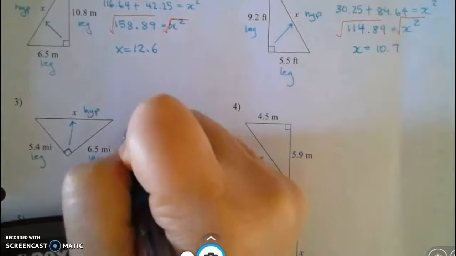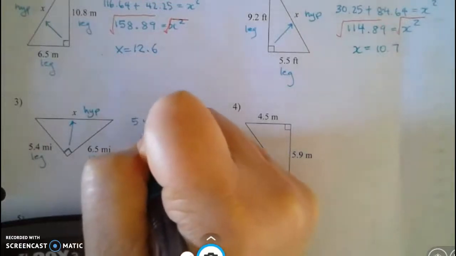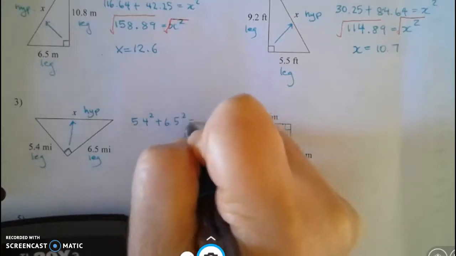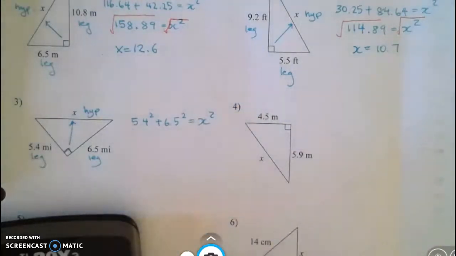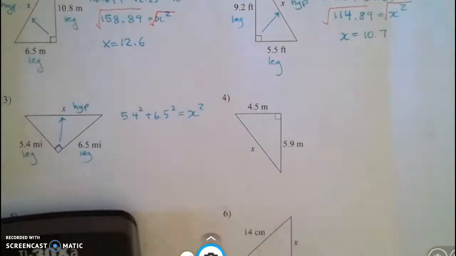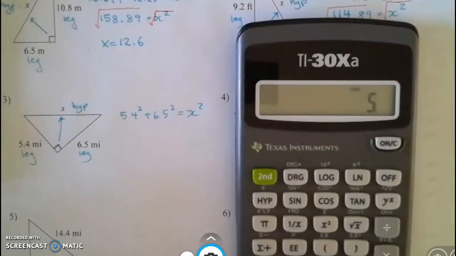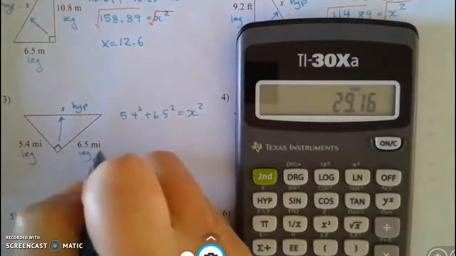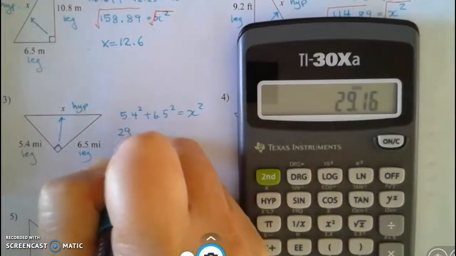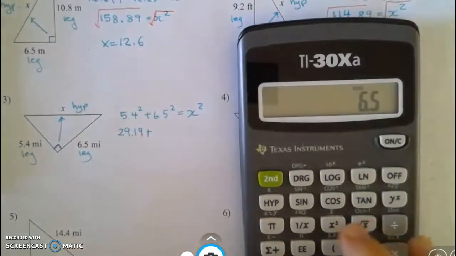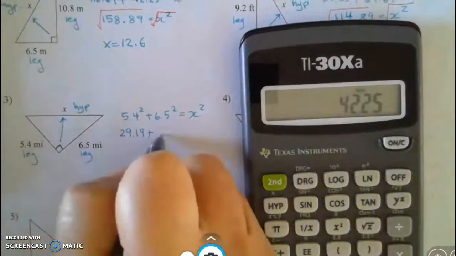So that's going to be 5.4 squared plus 6.5 squared is x squared. Please start by setting up the equation like so. And then from here, 5.4 squared is 29.16 plus 6.5 squared is 42.25.